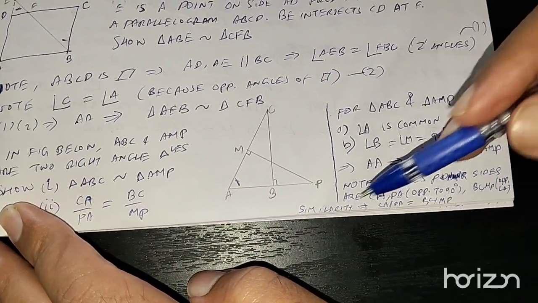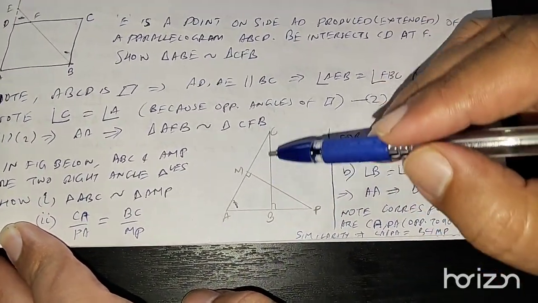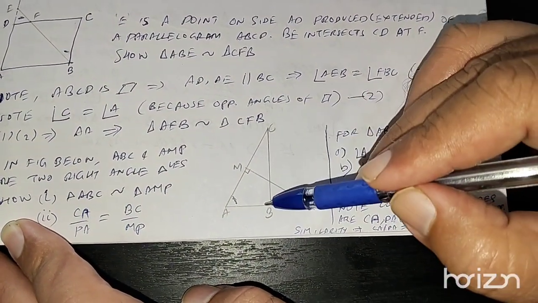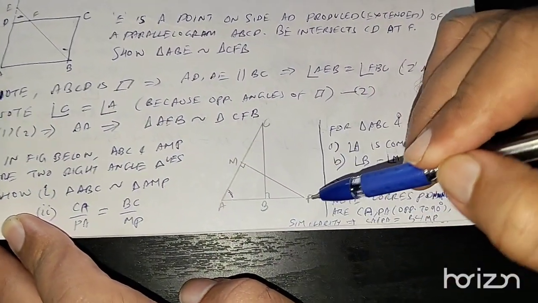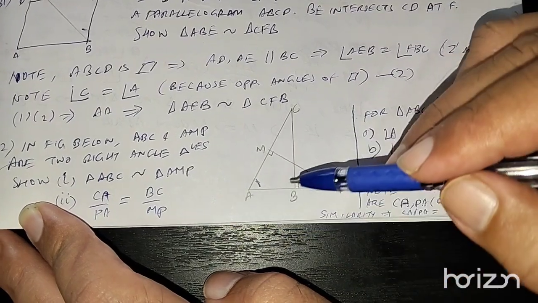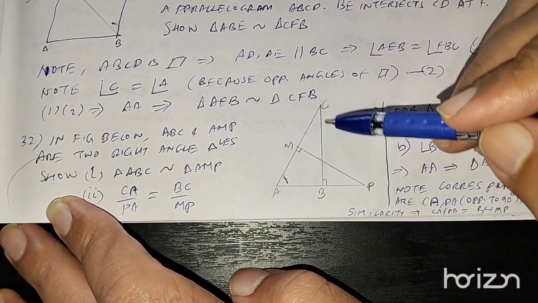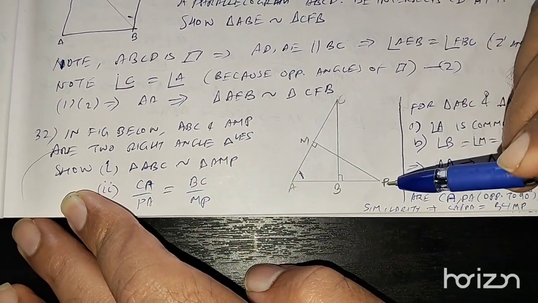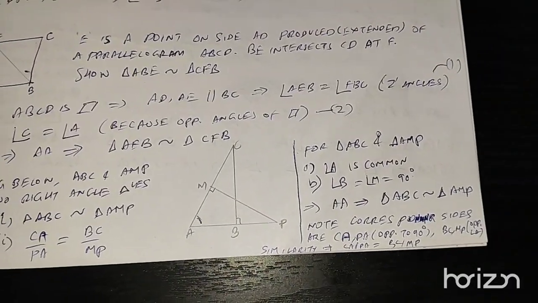Since the corresponding sides are proportional, you can very easily see AC is opposite to 90 degree and PA is also opposite to 90 degree. So they are corresponding, divided by the ones which are not opposite to 90 degree, which are BC and MP. So the corresponding side ratios are the same. So that proves it.